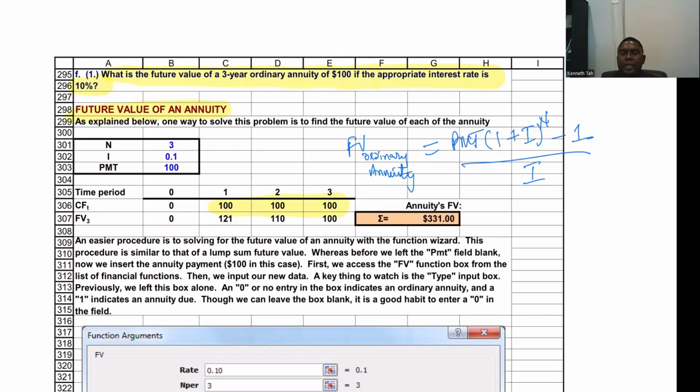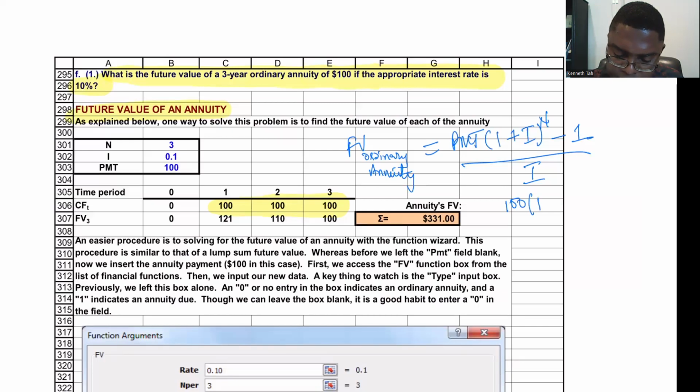So now we can take the different variables that are given and feed them into the formula. What is the future value of a 3 years ordinary annuity of 100? You see now that we have payment. Unlike the lump sum computation where payment was 0, in this case it is an ordinary annuity of $100, so the payment is $100.